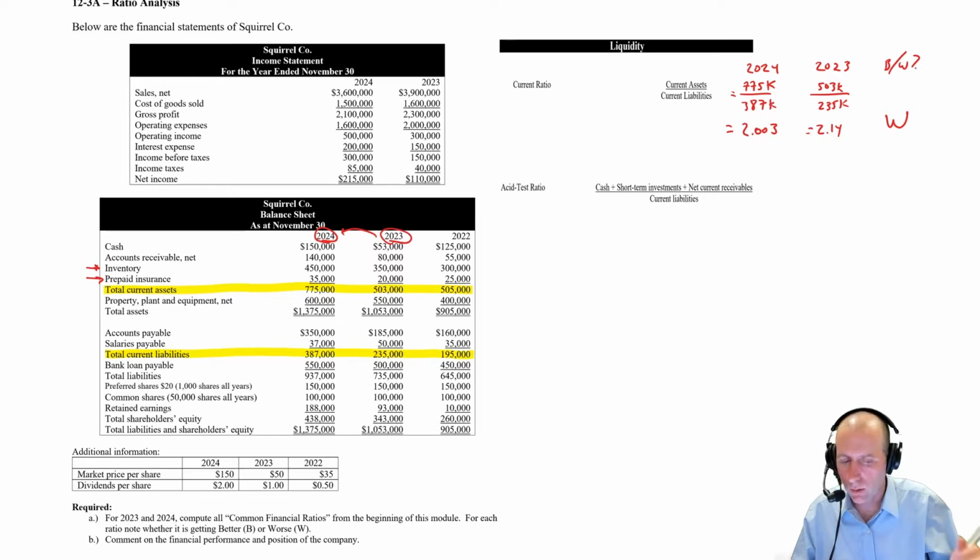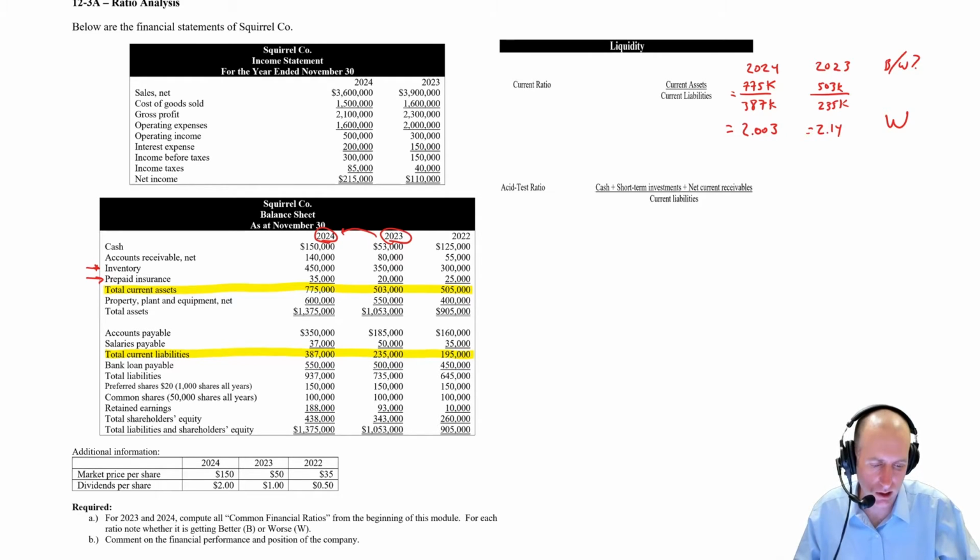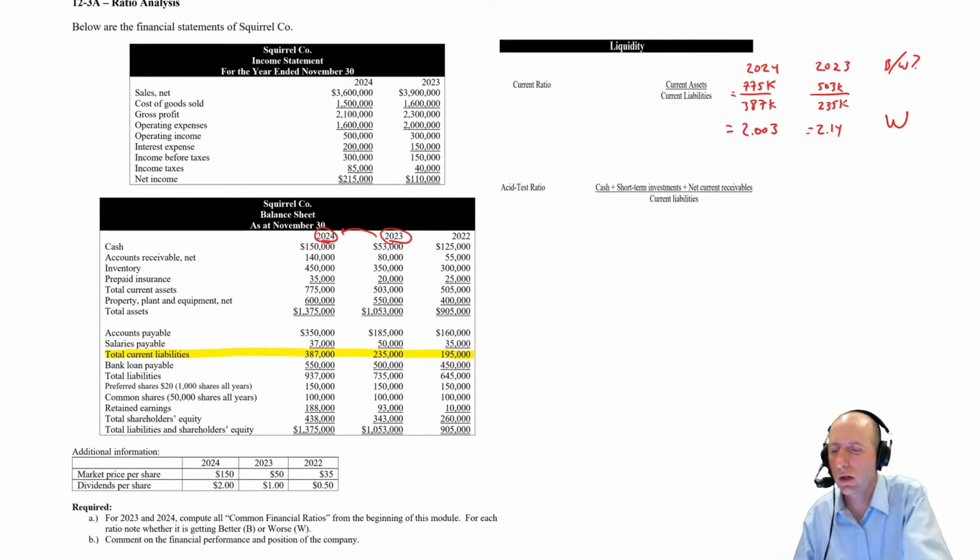So what the acid test ratio says is, let's just take the most liquid current assets: cash, short-term investments like Microsoft stock that you could liquidate tomorrow, and net current receivables. Accounts receivable is thought of as pretty liquid. These are your most liquid assets, and we see how well they cover the current liabilities. Here we're looking for a ratio of 0.9 to 1 as a rule of thumb. Current liabilities I've left highlighted.